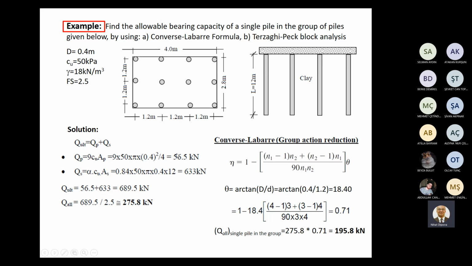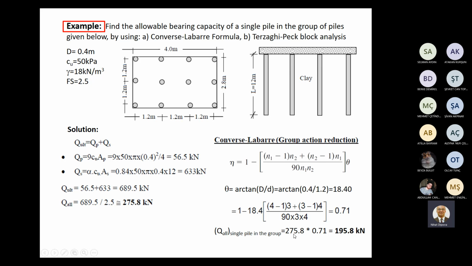Of course, before the Converse-Labarre equation, we have to determine one single pile capacity. This is shown here.